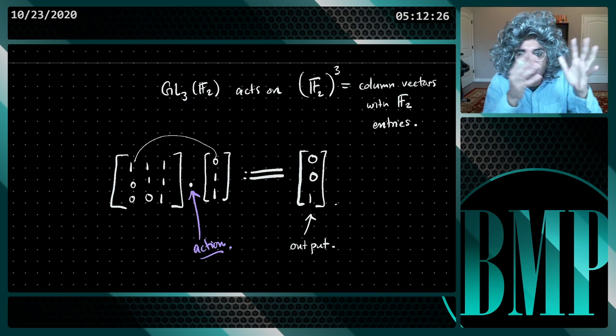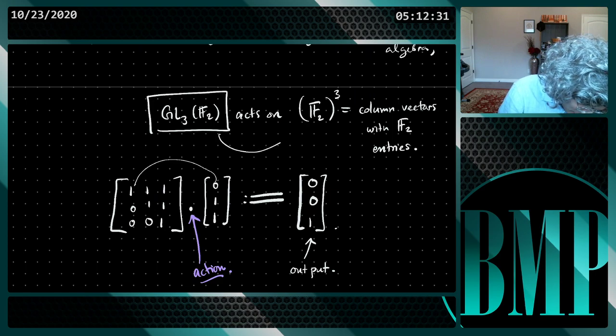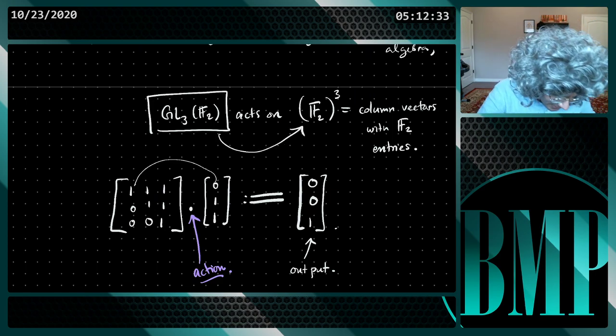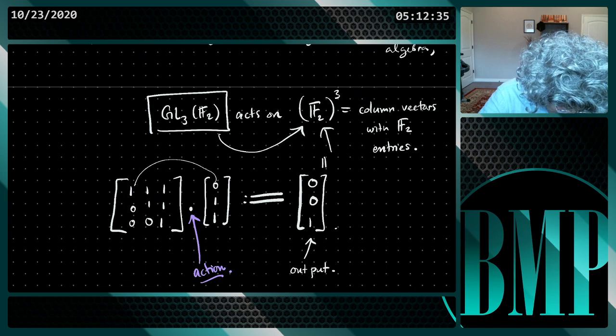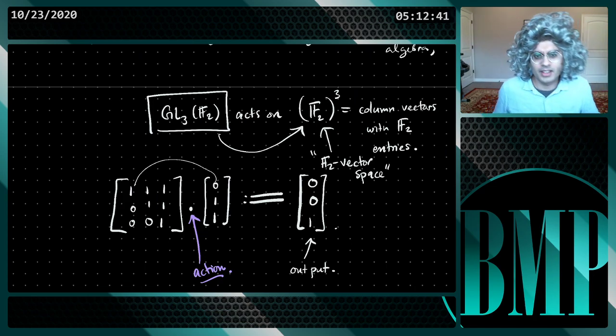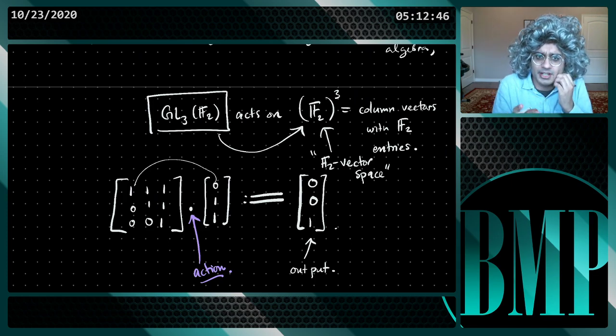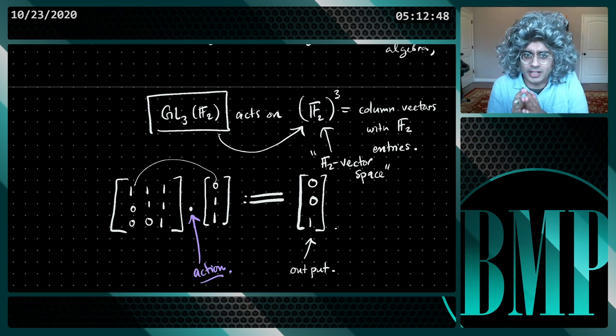Awesome. So in this way, this group of matrices acts on this thing, which is, by the way, called an F2 vector space. We're doing linear algebra over the field with 2 elements.